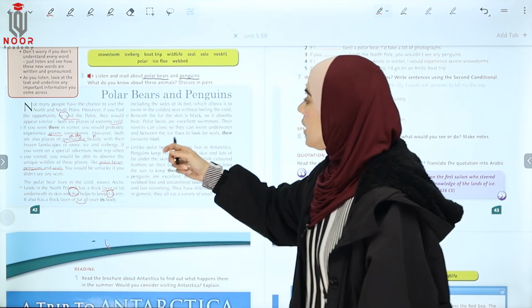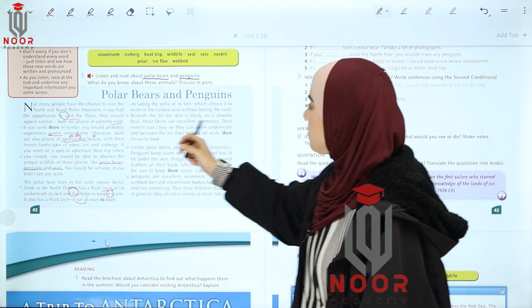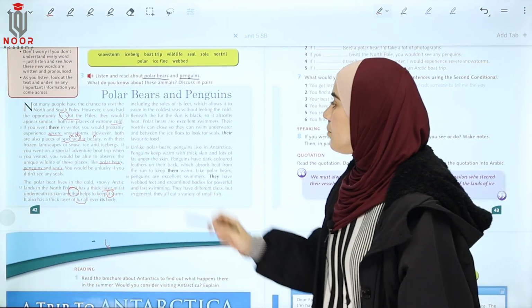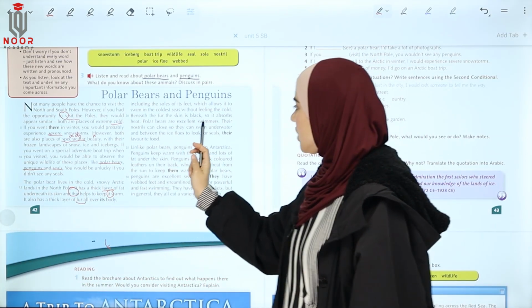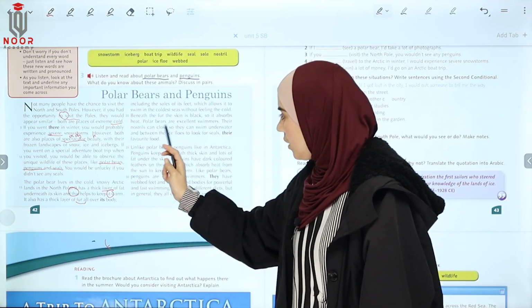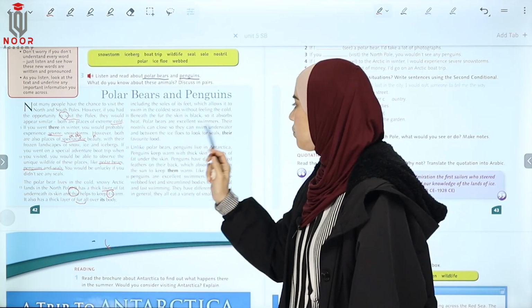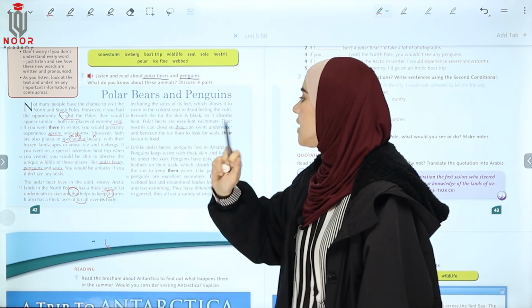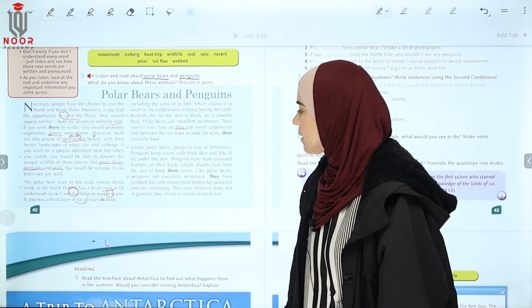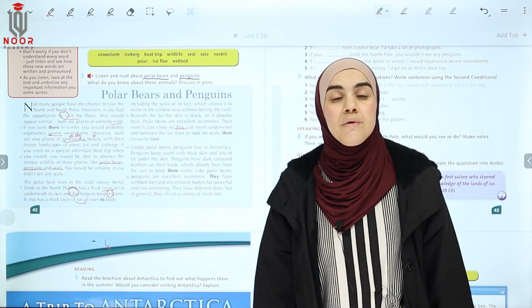Beneath the fur, the skin is black, so it absorbs heat. Polar bears are excellent swimmers. Their nostrils can close so they can swim underwater, and between the icy floes to look for seals, their favorite food.